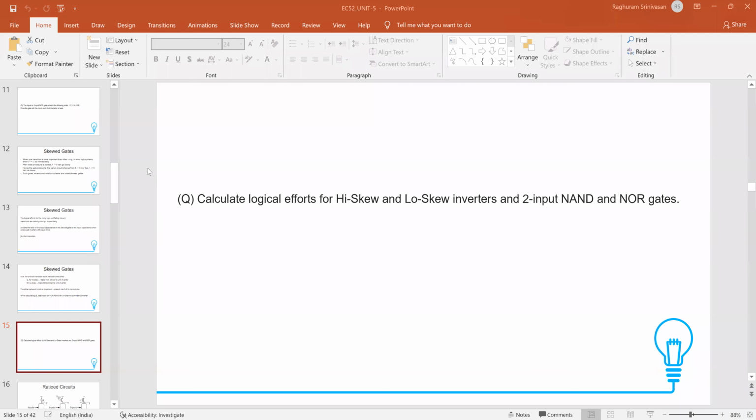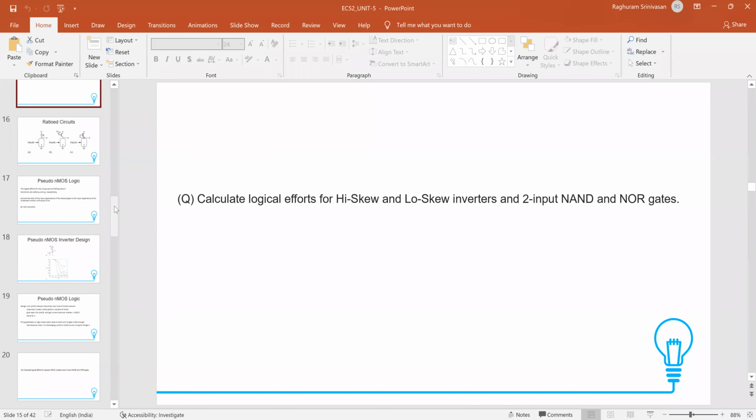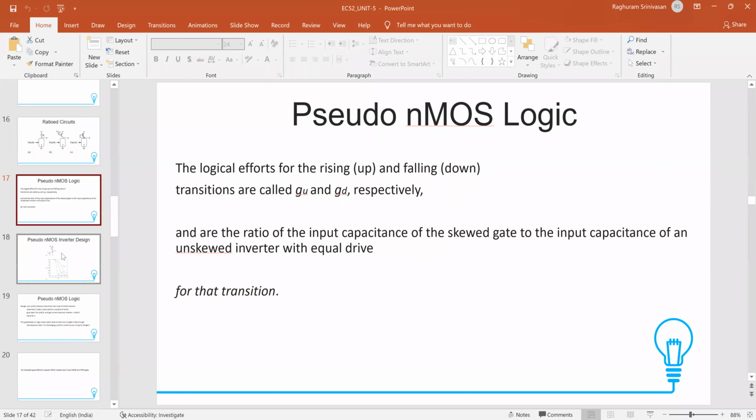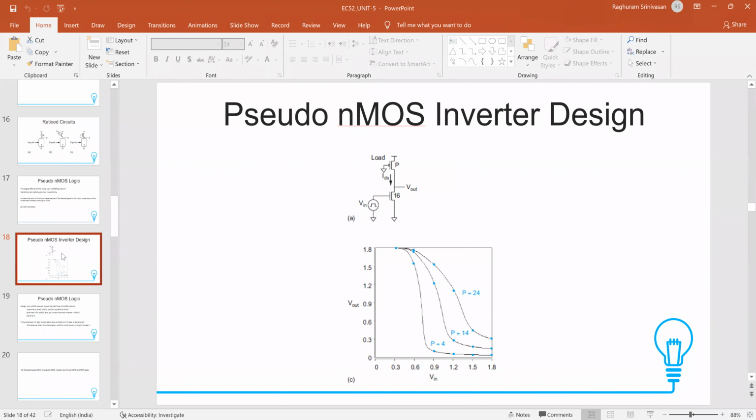So the next topic is called ratioed circuits, and there are many different families. Some theory is there, but for our particular syllabus, the family that we will see is the pseudo NMOS logic family.